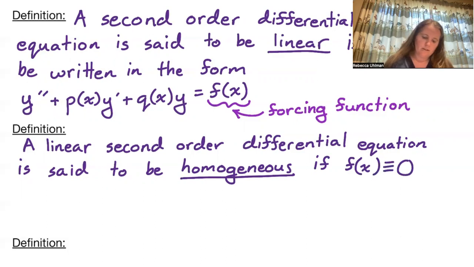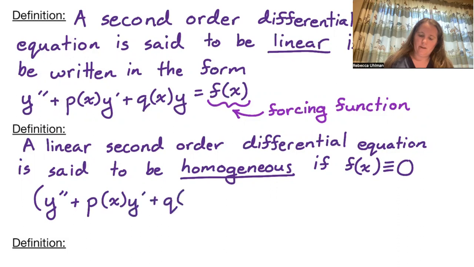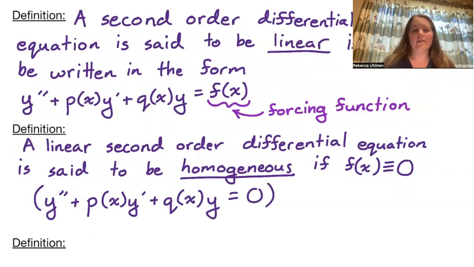So in other words, we have y double prime plus p of x times y prime plus q of x times y is equal to 0. So it's essentially the same definition as in the first order case.